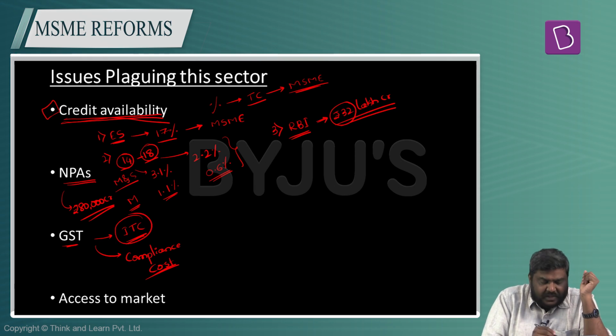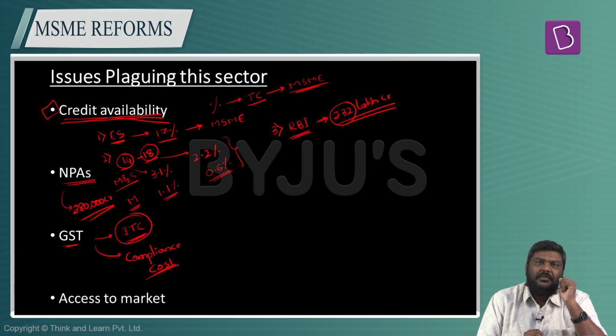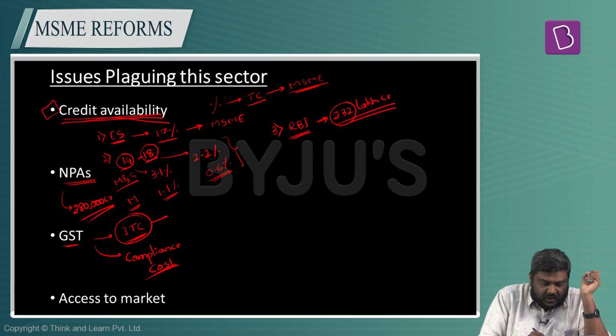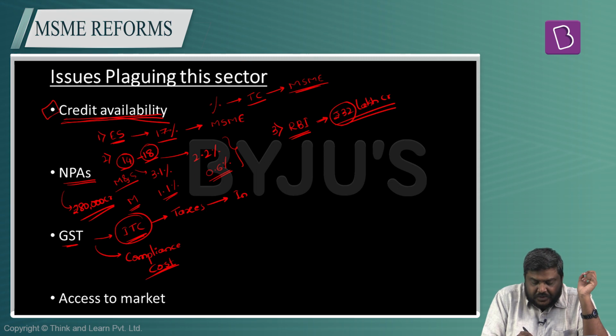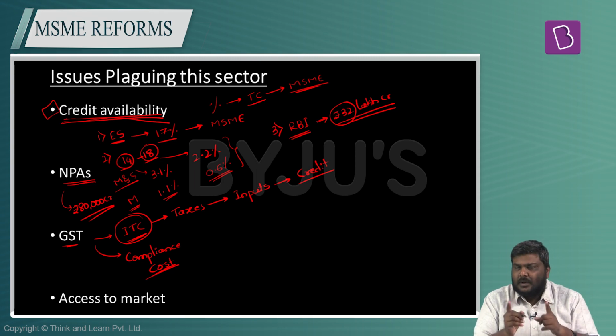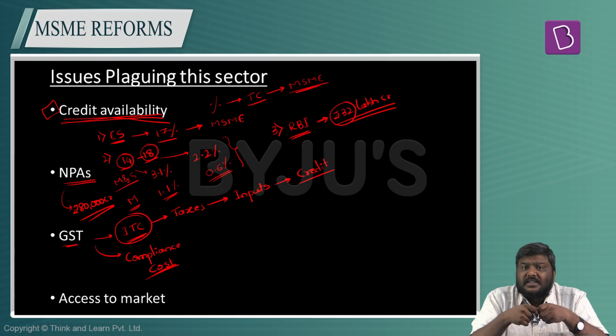What do you mean by input tax credit? Under the GST, the feature is whatever taxes I've paid on my inputs will be given in the form of credit to me when I sell the output. I'll repeat the statement. Whatever taxes I've paid on my inputs will be given in the form of a credit on the tax when I'm asked to pay on my output.